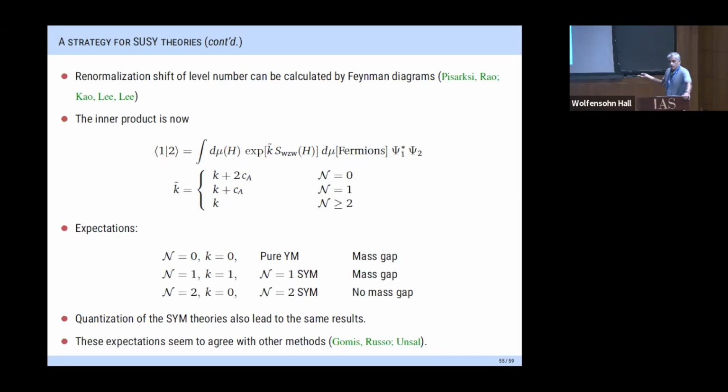And the answer, of course, is yes. I just didn't want to go through all that detailed calculation for you. That's all. Okay. So all the results you can check directly also by explicit calculations. Now, the conclusions that I have derived here also agree with other methods. Mithat has worked on it, Gomes and Russo, and so on. Okay.